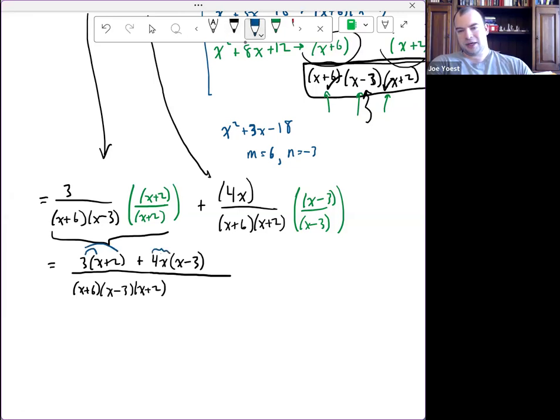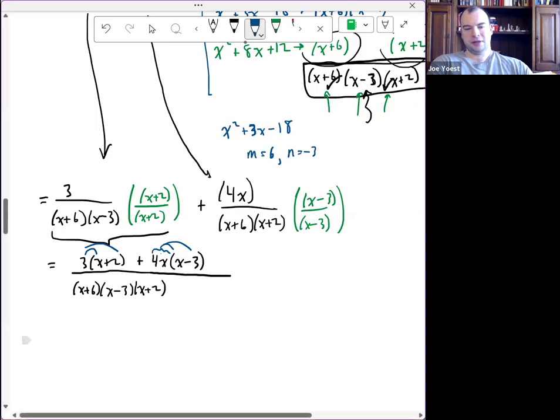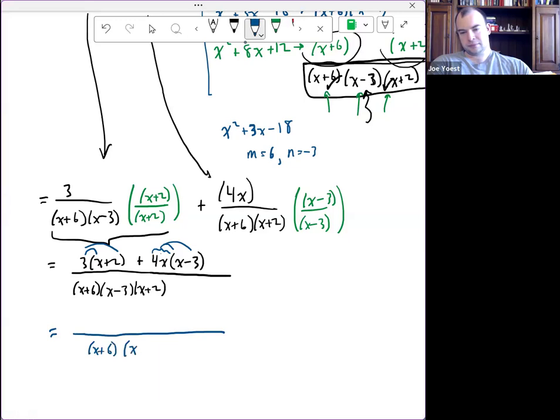Well, I multiply out my top. I combine like terms, I factor, and then I look for common factors. I'm going to pop over here to some scratch work to simplify this numerator.